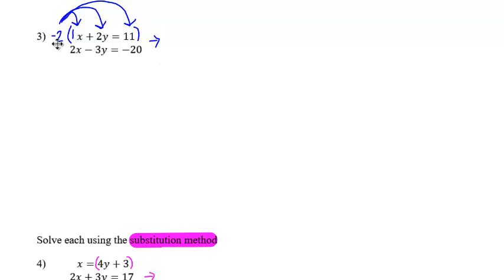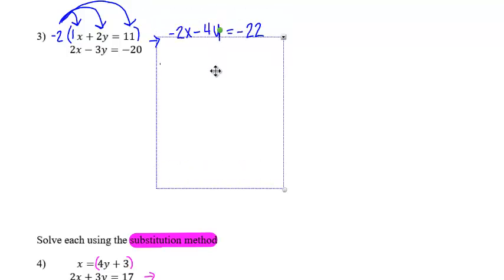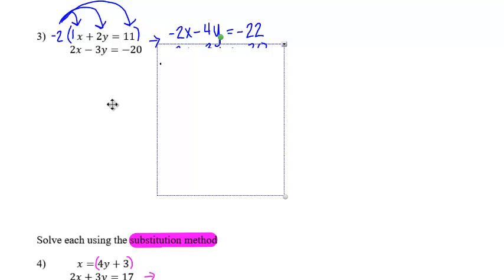Remember to multiply by every single term, even this last term. Even though it's across the equal sign, you still jump over the equal sign and you multiply negative 2 times 11. So there's the first step, multiplying negative 2 times 1, negative 2 times 2, negative 2 times 11.